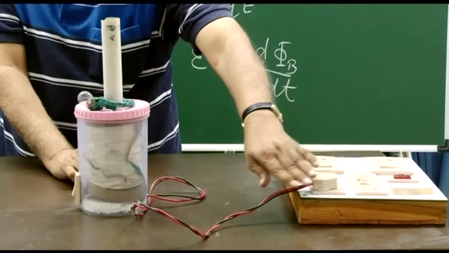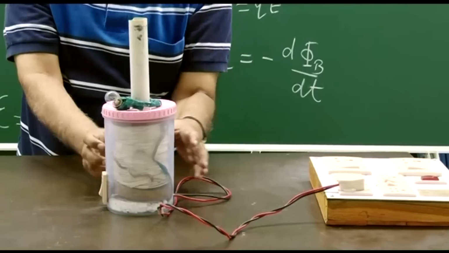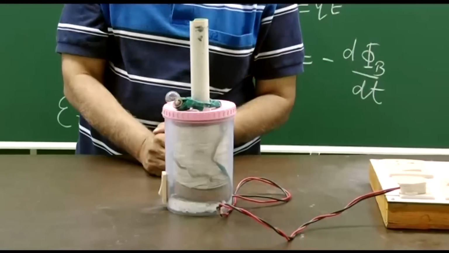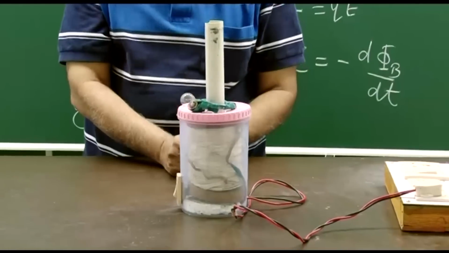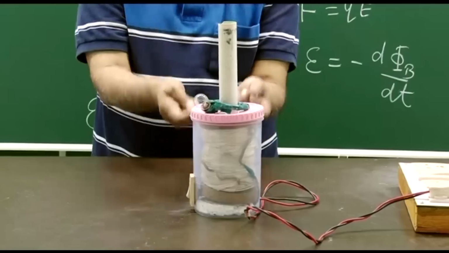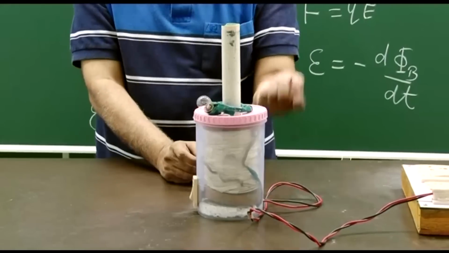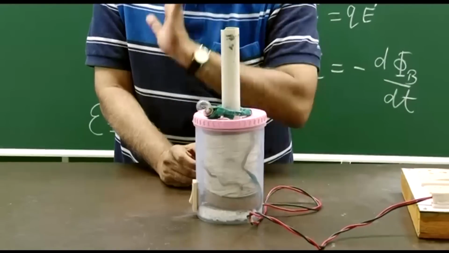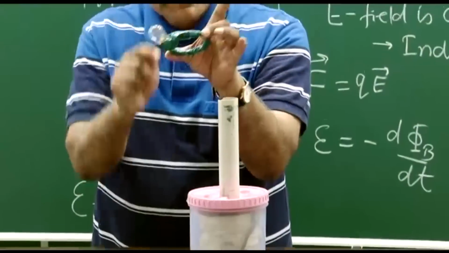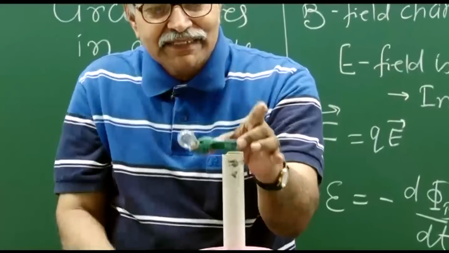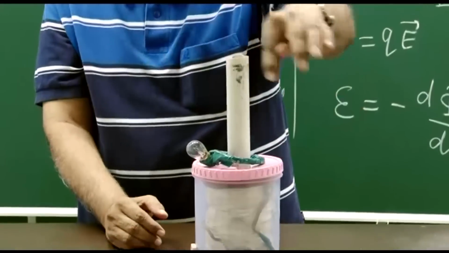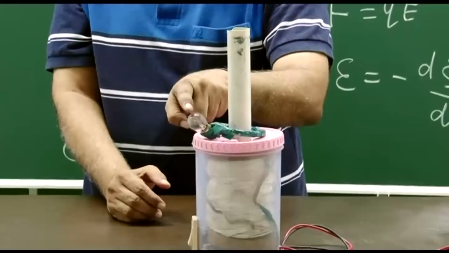So when the current goes through this coil, that current changes in time because of the alternating character, 50 hertz AC, and this changing current creates changing magnetic field, and that changing magnetic field creates electric field, and because of that electric field, in this coil to which this bulb is connected, a current is driven, and the current is sufficient to glow this bulb.